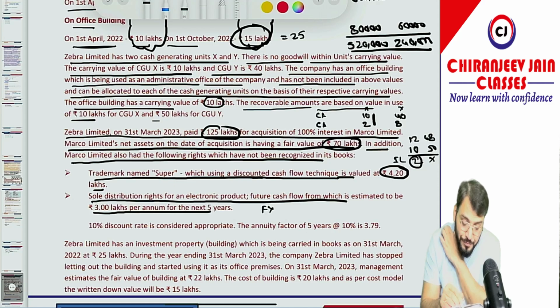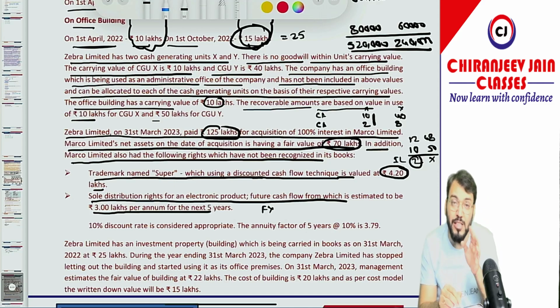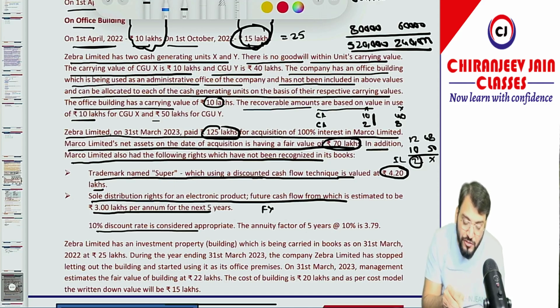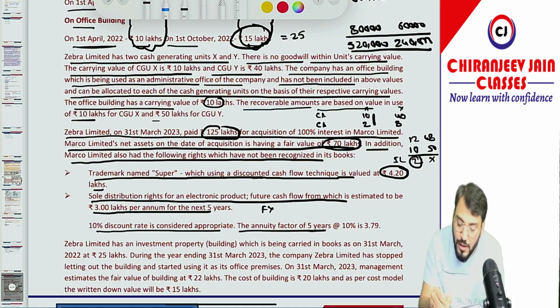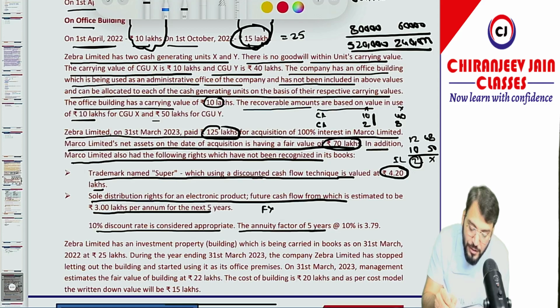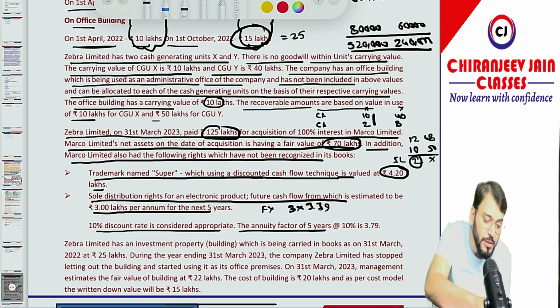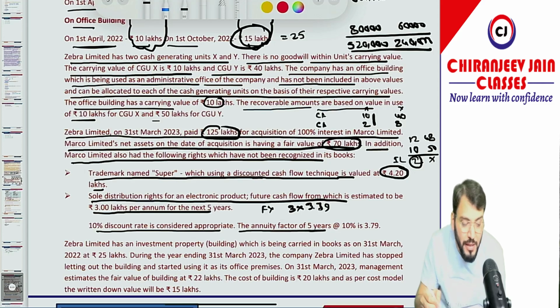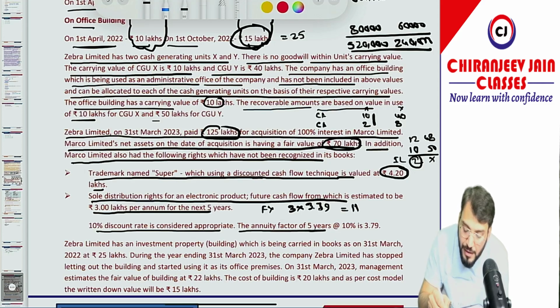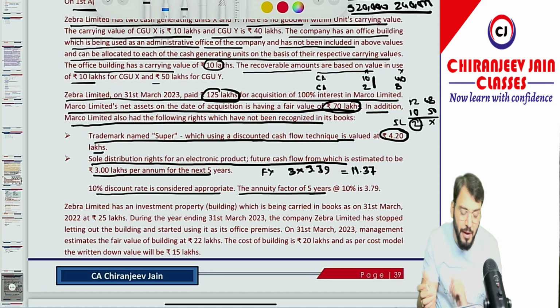So 3 lakh is the future benefit for the next 5 years. A 10% discount rate is considered appropriate. The annuity factor for 5 years is given as 3.79. So it will be 3 lakh into 3.79. How much is it coming to? 3 into 3.79 is 11.37 lakhs.